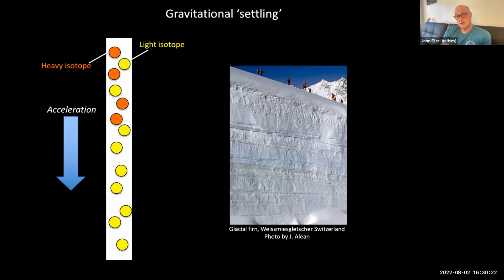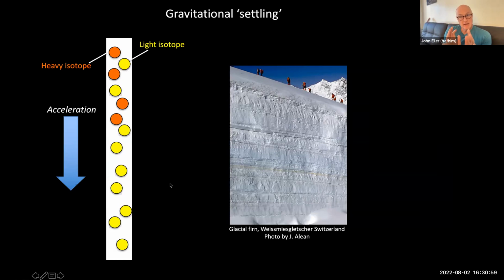Here's another case. It's less common geologically, but it's an important tool for understanding the history of climate. Imagine that I have a packed column of some sedimentary material. It could be glacial snow or firn, which is like densely packed snow. It could be a sand dune. Anything that is a densely packed aggregate of materials that have little fine pore spaces that cannot undergo convection. In cases like this, I might have a column of gas that's composed of heavy isotopes and light isotopes together.